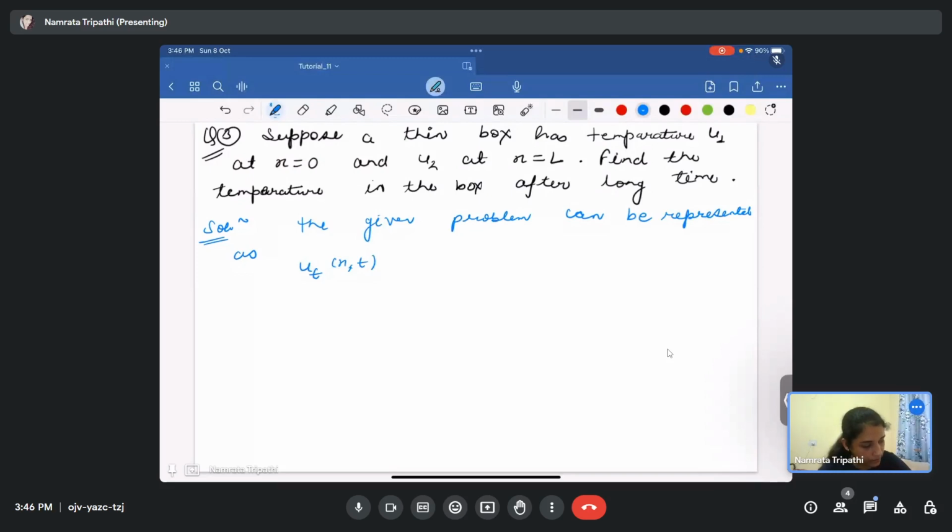Sorry, this is L. Okay, u1 is given, and at x equals L, it is given u2.